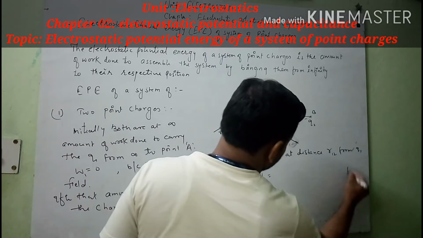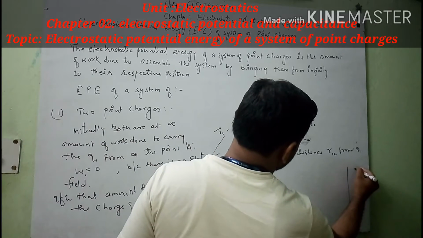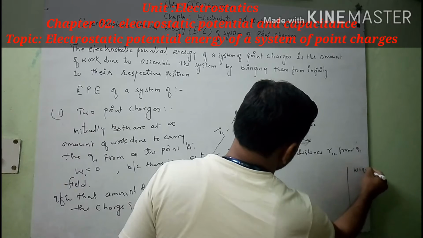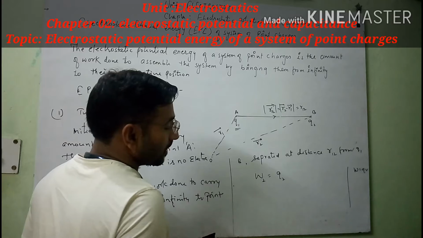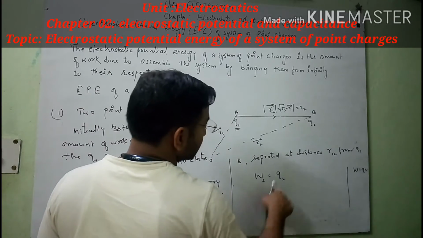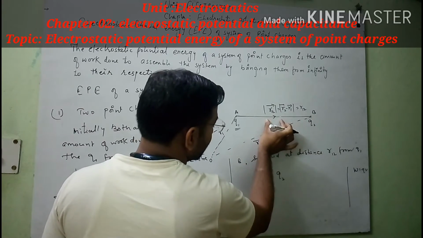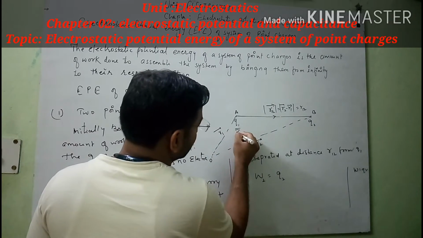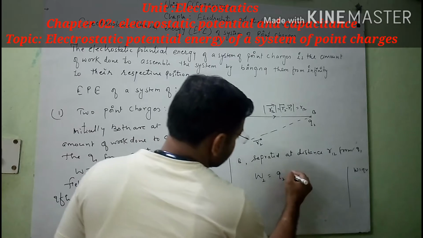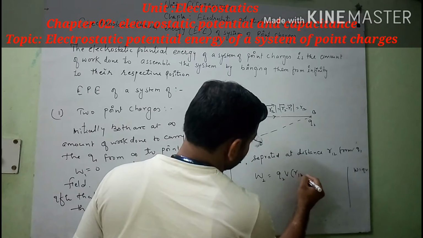W equals, by using the formula, W equals q into V. You are carrying the charge q2, and at point B located at distance r12, the electric potential due to this charge q1 is V r12.